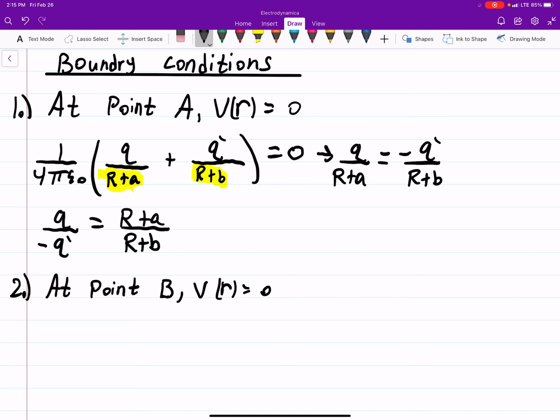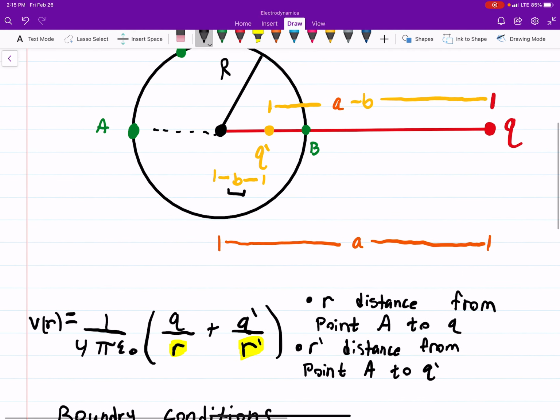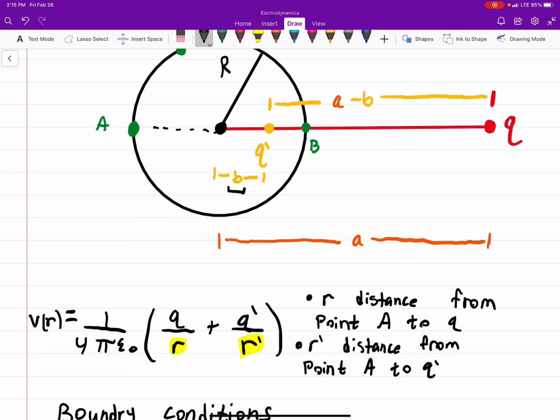So at point B, the potential has to be 0. So we can set up the exact same thing. 1 over 4 pi epsilon naught Q over... Now at point B, if we want to find how far the real charge is from point B, well, it's not a distance A, right? Because distance A gets you into the center. So that's not exactly what we want.